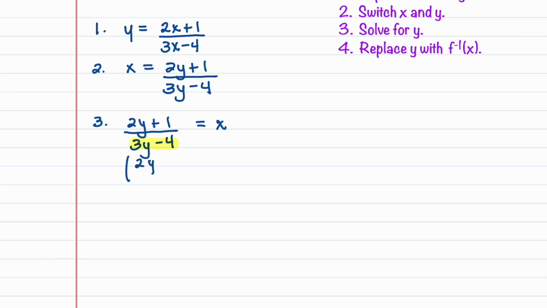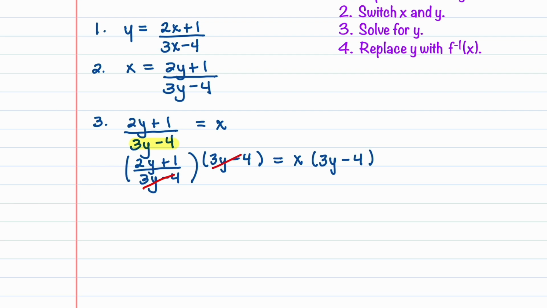We have 2y plus 1 divided by 3y minus 4. We're going to multiply this by 3y minus 4. So that cancels. And then we've got to remember on the right-hand side to also multiply by 3y minus 4. Now we can cancel out these two terms.